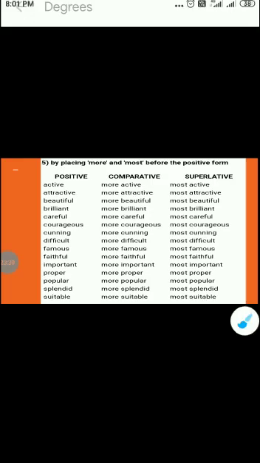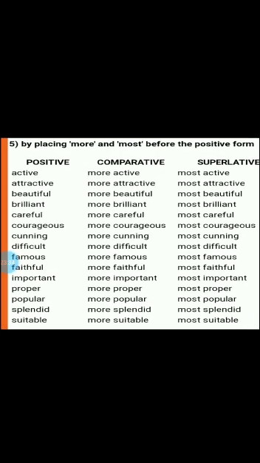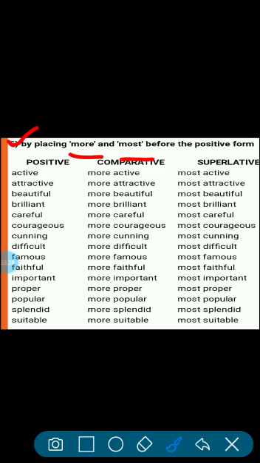Okay, let's look at it. What is this? It is what we have to do by placing more and most before positive form. To make comparative degree, we add more, and to make superlative degree or superlative form of the word, we add most.